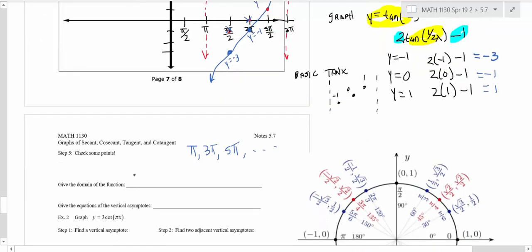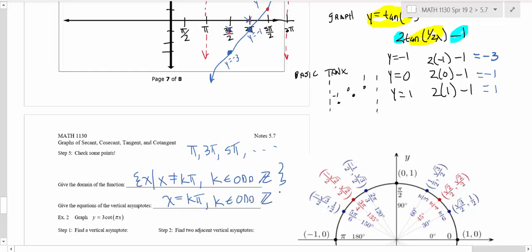So if we gave the domain of this function, we'd say the set of x is not equal to k pi, where k is an odd integer. And then the equation of the vertical asymptote, same idea: x equals k pi, where k is an odd integer.